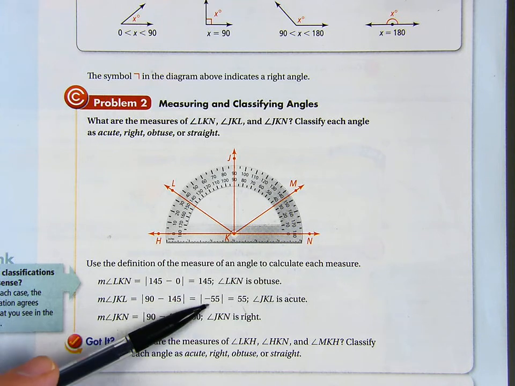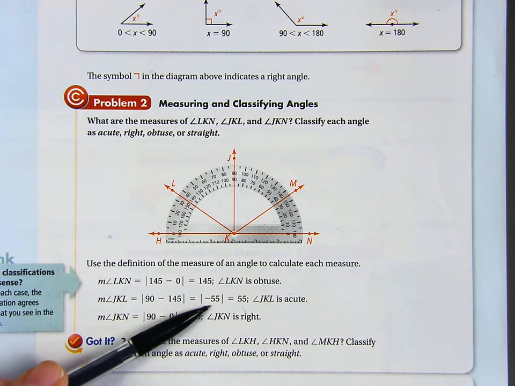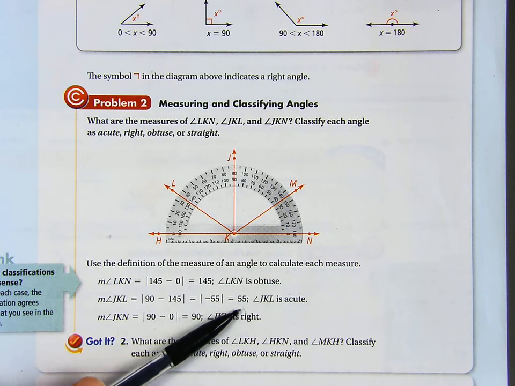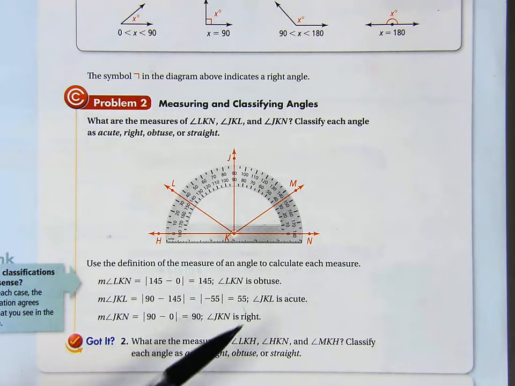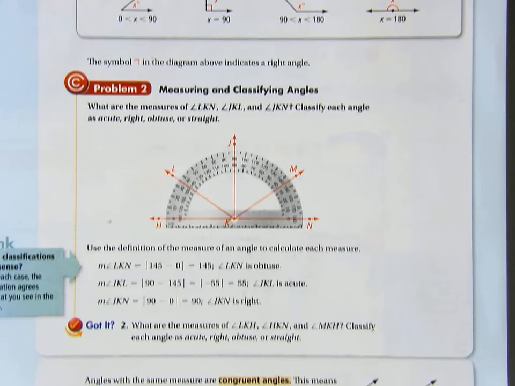Getting their difference gives me a negative because I subtracted the larger from the smaller. You can flip it around, but the whole point is the angle is always going to have to be, when we're finished, a positive number. So 55 degrees, and that's an acute angle. And then, of course, JKN was a right angle, or a 90-degree angle. So that's measuring angles. That should be pretty easy to do.